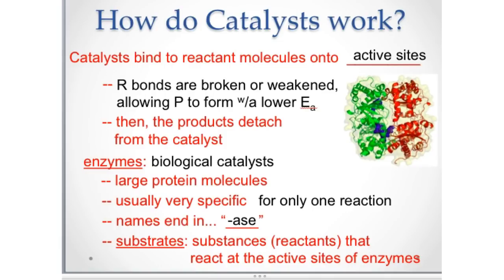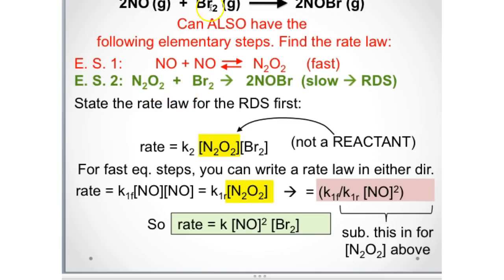For these last few slides, they're just concepts that you have to know. I'm not sure if they're going to be on the AP exam, but just so you guys know, catalysts are substances that bind to molecules. So for example here, you guys notice how NO and Br2, they react. Sometimes they don't react very well. So what happens is that a catalyst comes in and binds them.